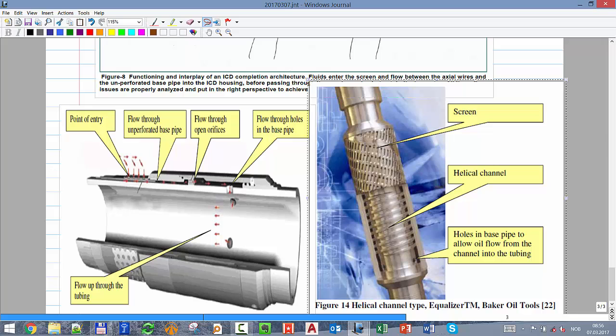Okay, it has to go helically along the tubing. That produces more pressure drop, and it's equivalent to this flow in these openings, until you reach the same holes and you go inside the production tubing. Okay, that clear? Yep.